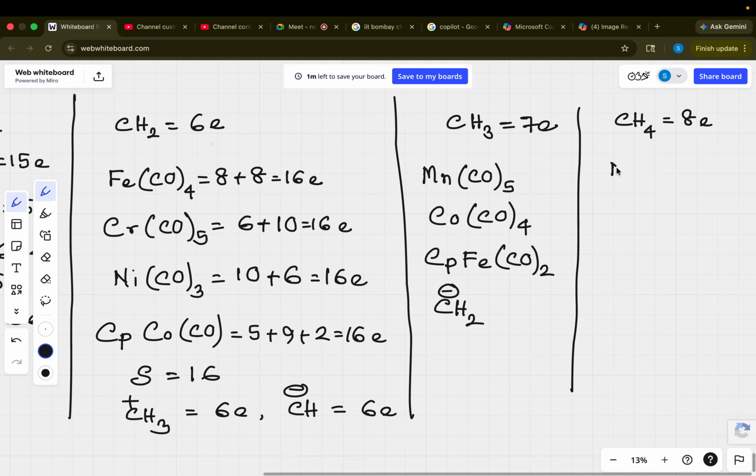And for CH4, suppose you have Ni(CO)4, Fe(CO)5, chromium Cr(CO)6, and another thing you have CH3 minus. So these all come under one category: CH4, Ni(CO)4, Fe(CO)5, Cr(CO)6, and CH3 minus.